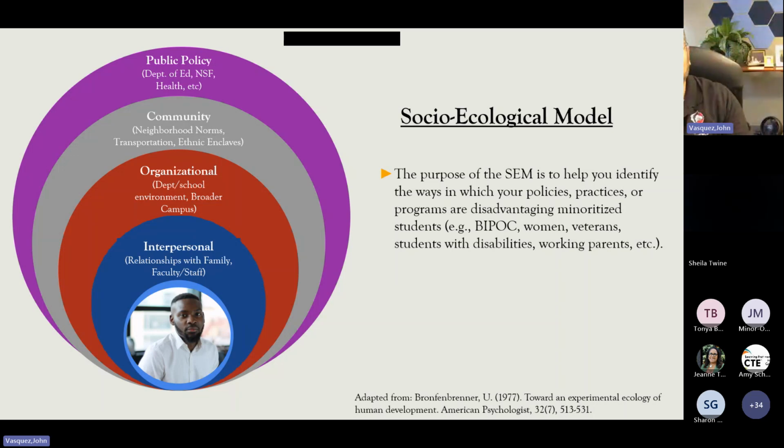He is bringing all his identities in life with him. Those of us that design these kinds of experiences really need to think about in what ways our policies, practices, and programs might be disadvantaging some students or impacting how they experience our programs.